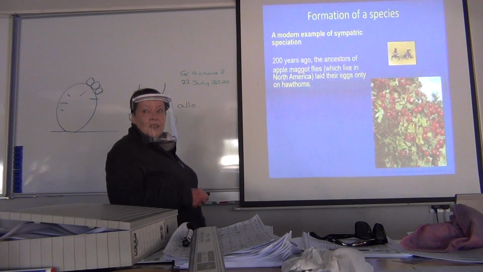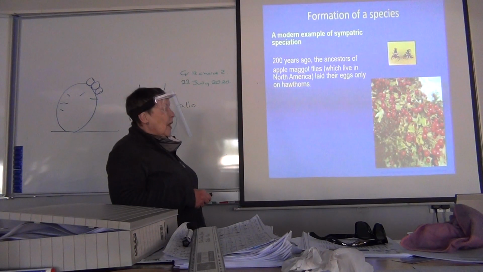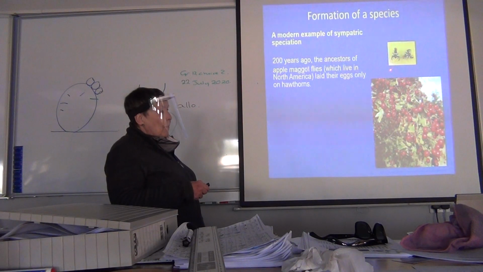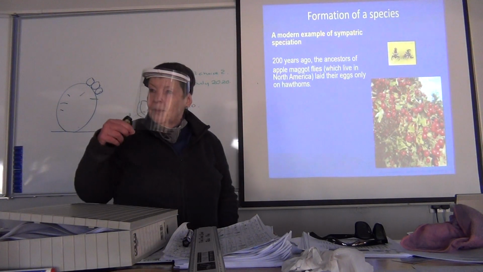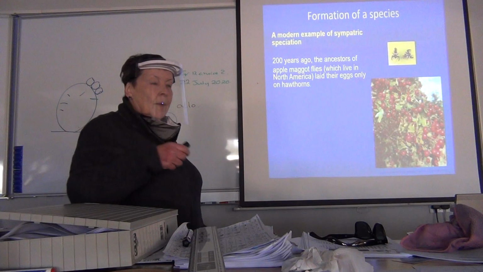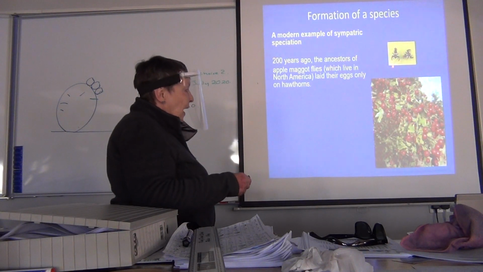Their larvae develop in the fruit. These little flies are called apple maggot flies, the maggot being because the little larvae develops in the fruit.